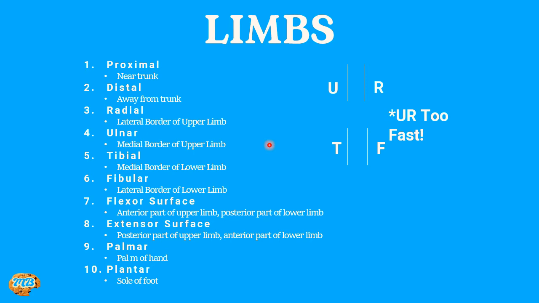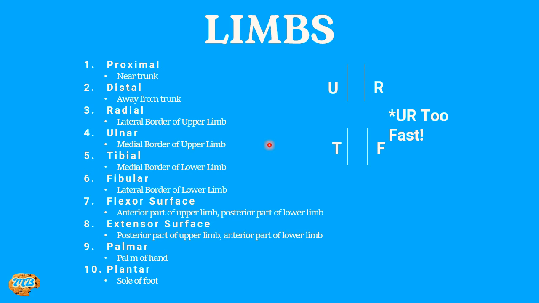The flexor surface is basically the surface doing the work. The way I think about it is when you flex your biceps, the anterior part of your upper limb, that's what is doing the work. So if you flex your biceps, the anterior part is doing the work.